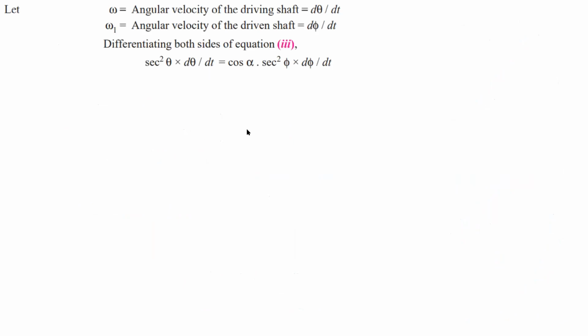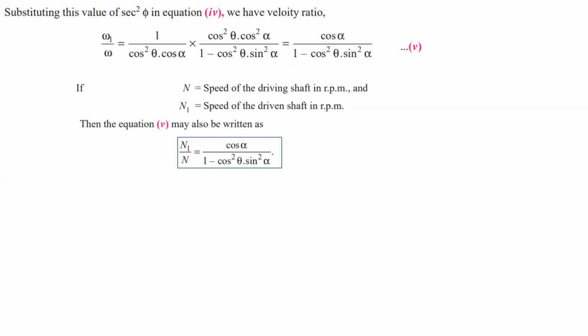We differentiated this equation, then we simplified the trigonometric expression, and finally we reached this relation between the speed of the driven shaft and the speed of the driving shaft, where alpha is the angle of inclination between the shafts.